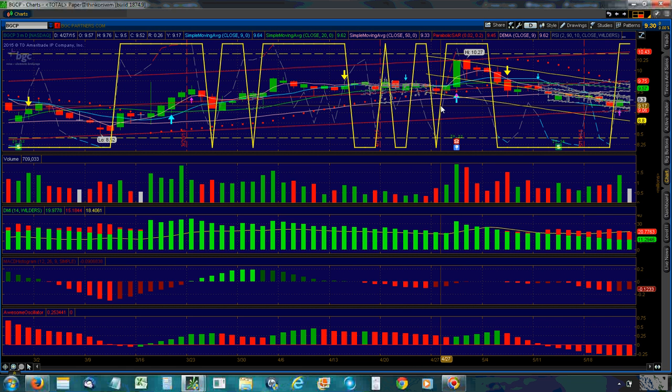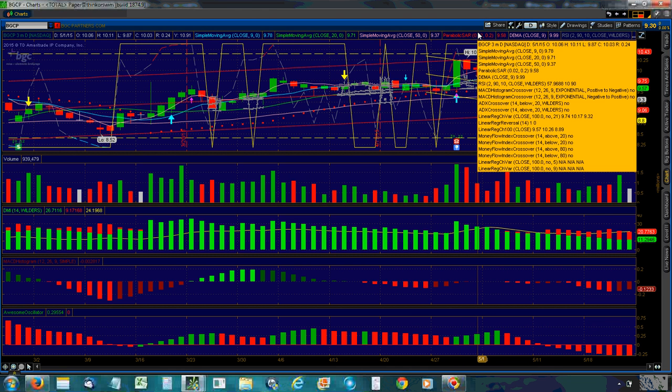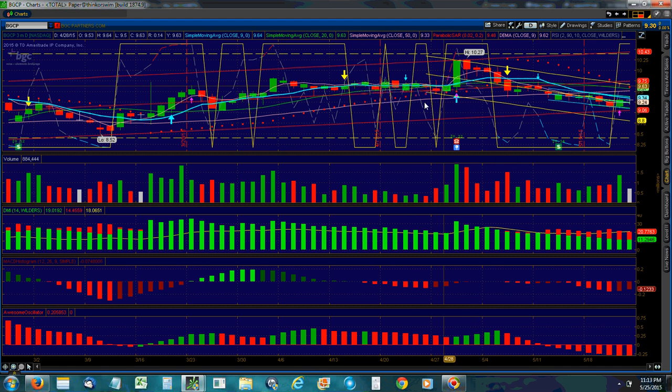We also have some trend lines, moving averages. We have the simple moving average of 9 periods, simple moving average of 20 periods, and 50 periods. There's also the parabolic SAR, which is showing a downtrend currently for BGCP.